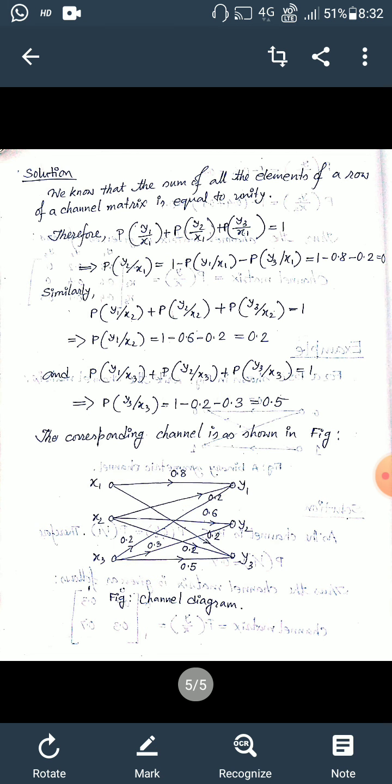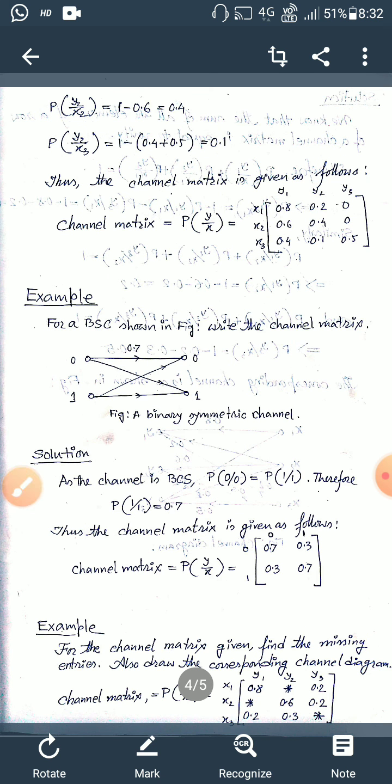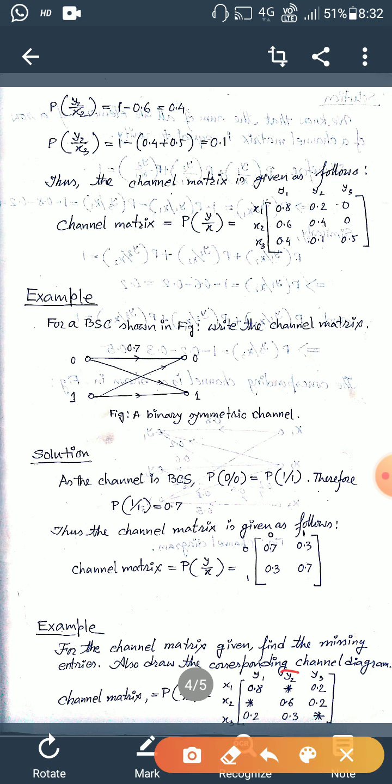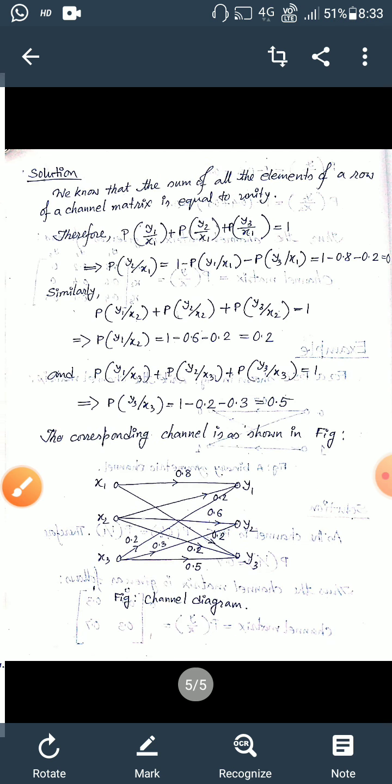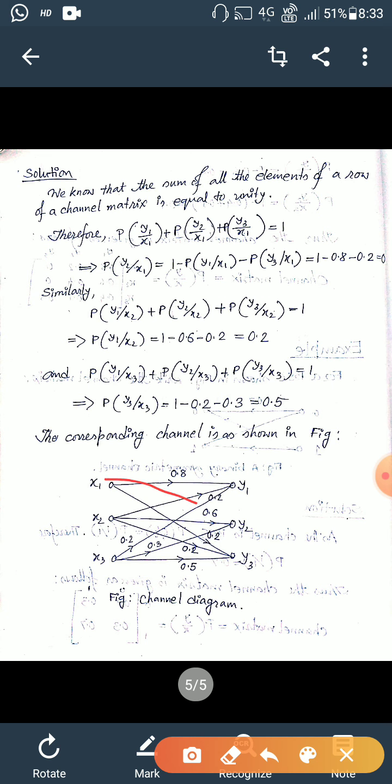But if you consider y2, this value is equal to 0, so from x1 no line will be present. Look at the figure, from x1 no line is present.